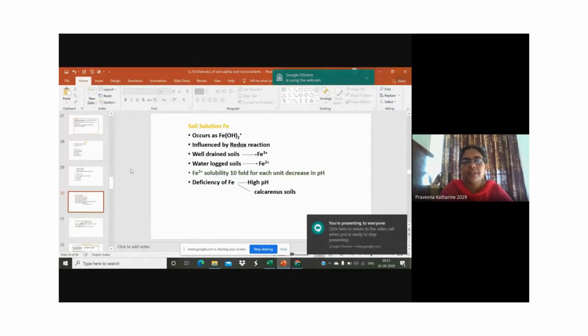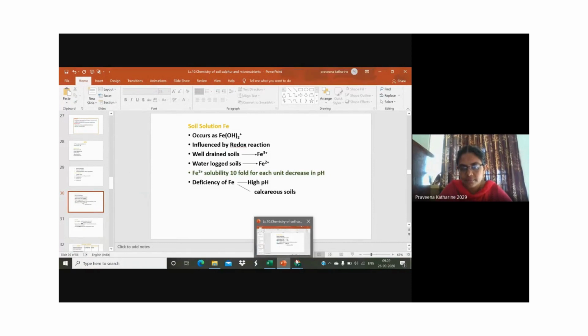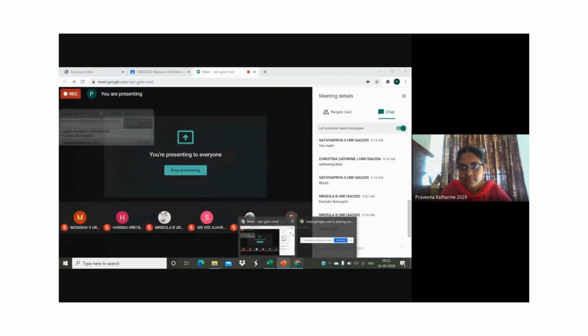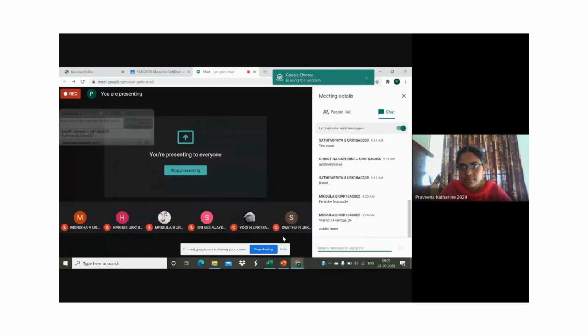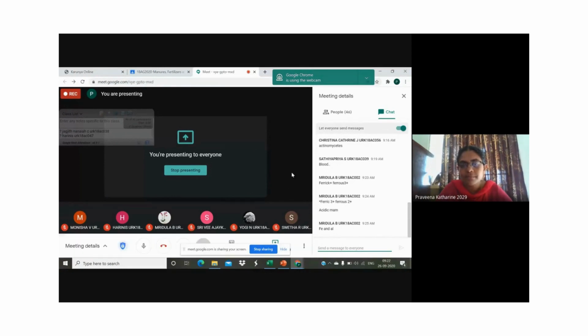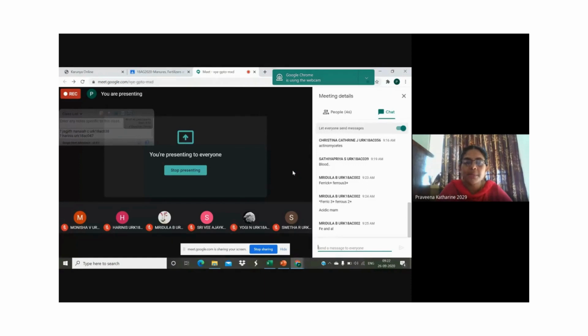In acid pH or when the pH is less than 7, what are the nutrients present in the soil? Iron and aluminium. Good, Mridula. Iron and aluminium. Okay.